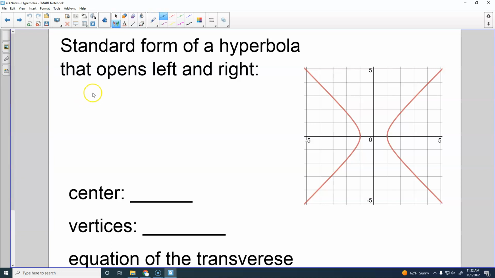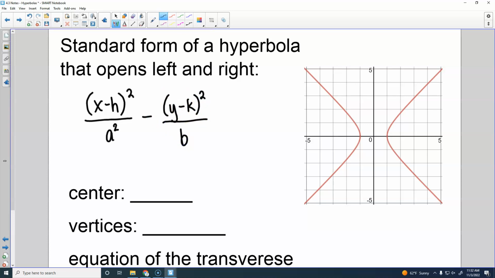So it would look like this: x minus h squared over a squared minus y minus k squared over b squared equals 1. So again, that one difference that we see between the formula for this and the formula for the ellipse is just that negative right there. That's our only difference.